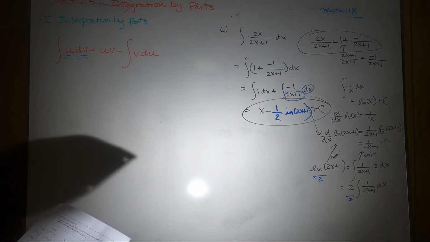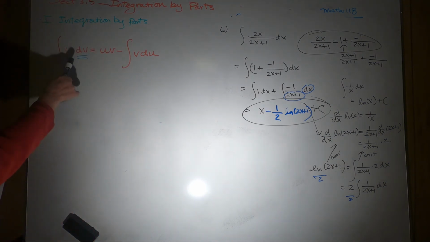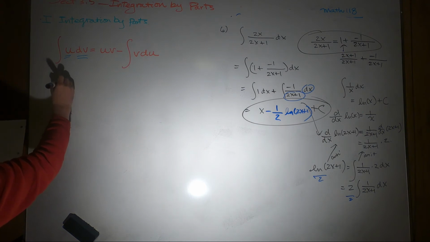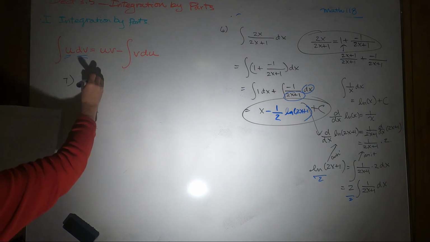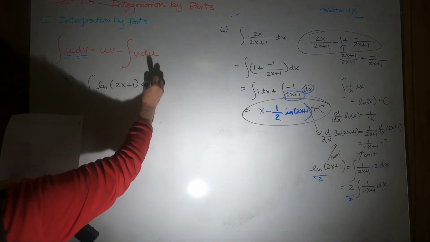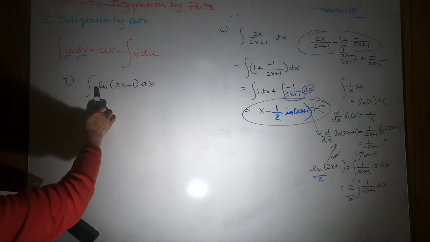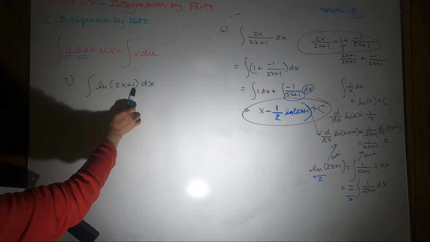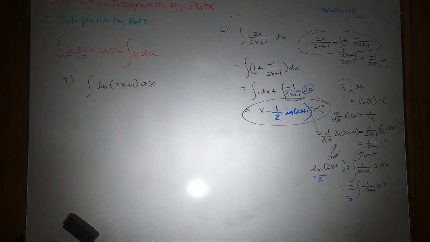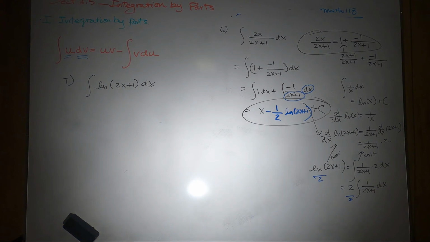Okay, and the next one you might need to do with integration by parts. That will be your homework, like natural log 2x plus 1 dx. Right? Then from the rule of thumb, we say if you have the log with the other polynomial, you will use the log one to be your u.